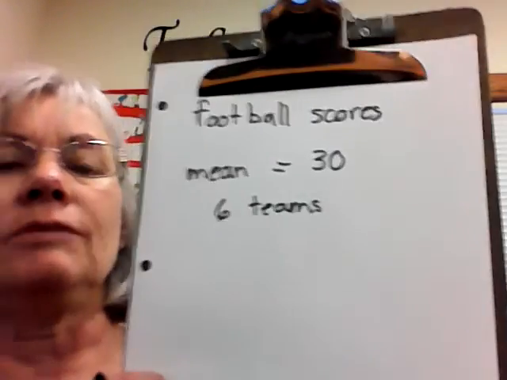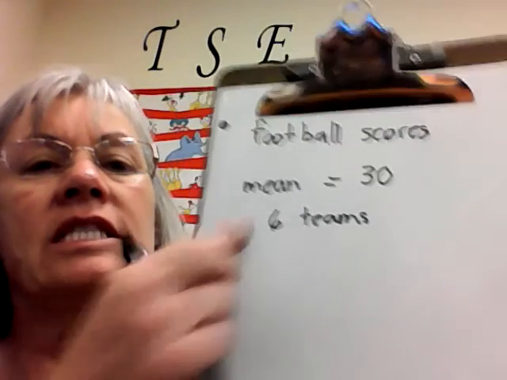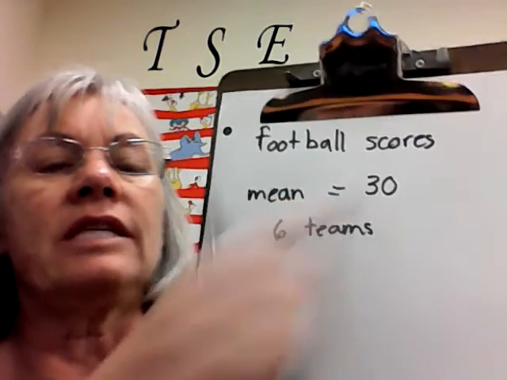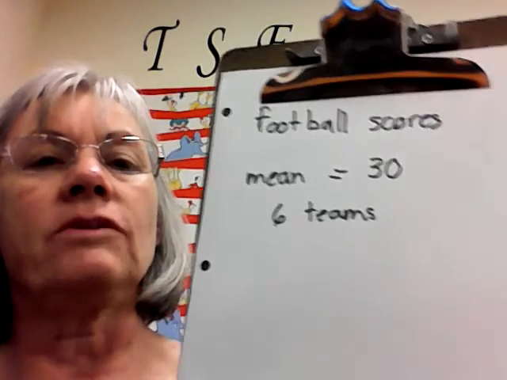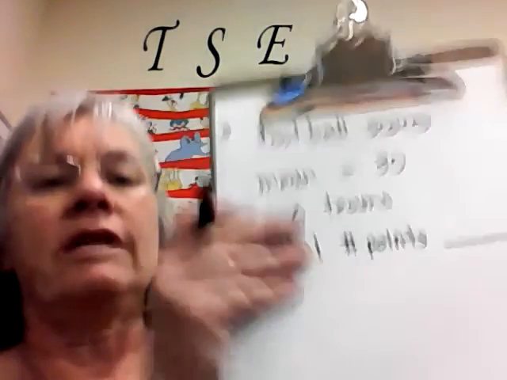And if we know that 6 teams all had games this weekend, and we were counting the mean for those 6 teams, what's the amount of points that were earned all together? 6 teams, the mean is 30. That means it's as if each team of those 6 had the same amount, as if they had 30. I'd like you to calculate the total number of points that we would be thinking about. All right, so do that on your own.